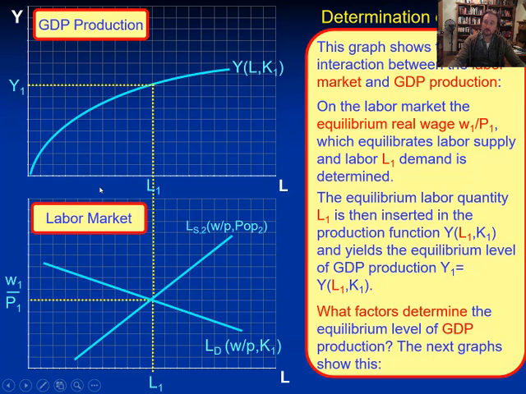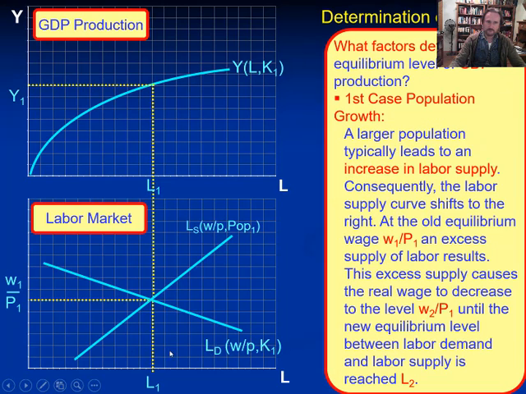What factors determine now the equilibrium level of GDP production? We will analyze this in the following graphs. We call these two diagrams the production module of the neoclassical model. We can use the production module to analyze the consequences of, let's say, population growth on GDP.